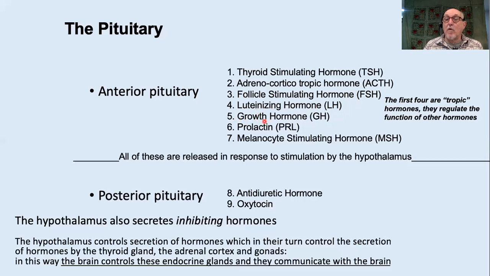This hormone here, growth hormone, has its effect on virtually all of the cells of the body. And growth hormone, as its name implies, is the hormone which produces the development post-puberty, but is also very much involved with development even earlier on in the body.